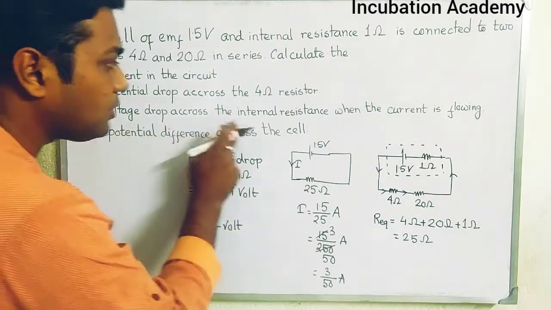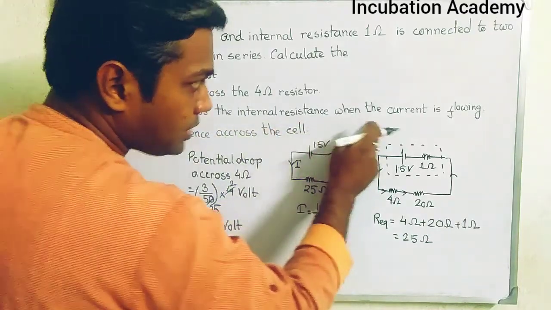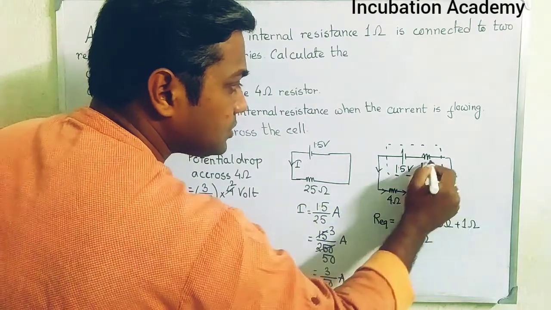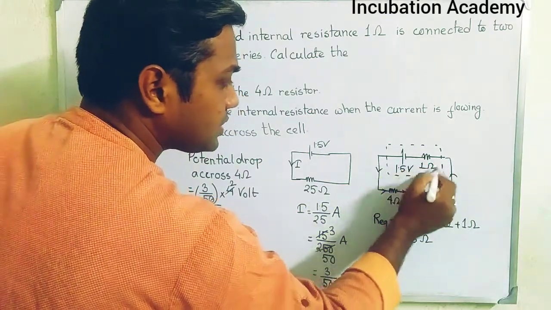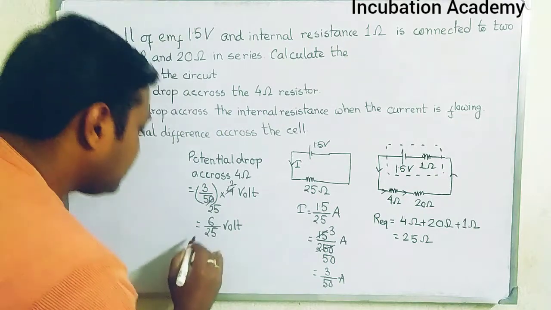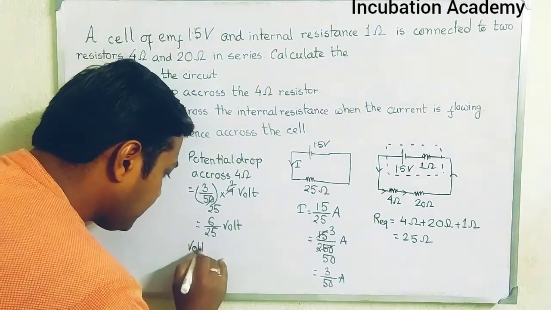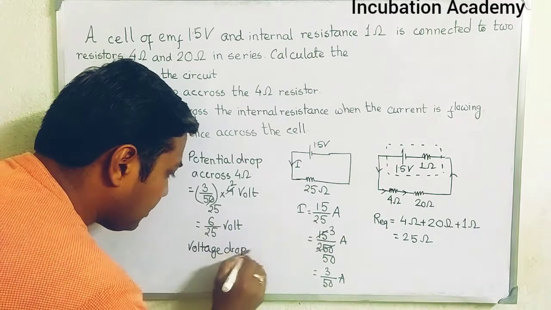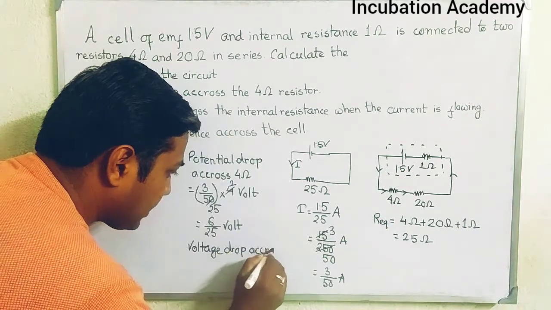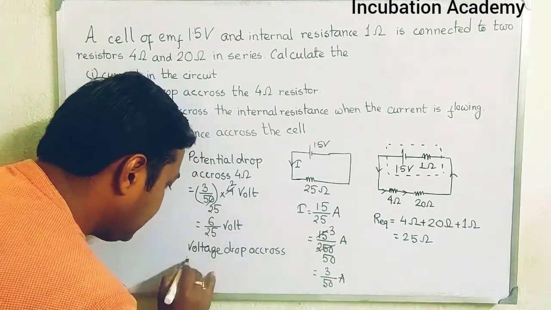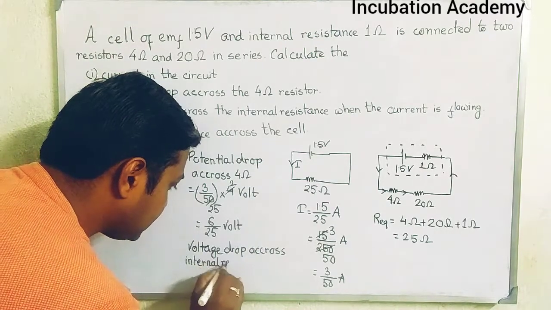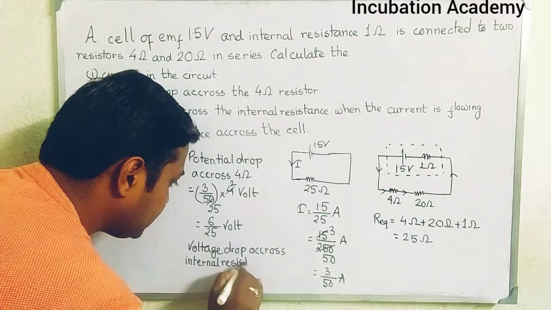Voltage drop across the internal resistance when the current is flowing. When this current is flowing through it, obviously the internal resistance is 1 ohm. So we can say the voltage drop across internal resistance: what is internal resistance?